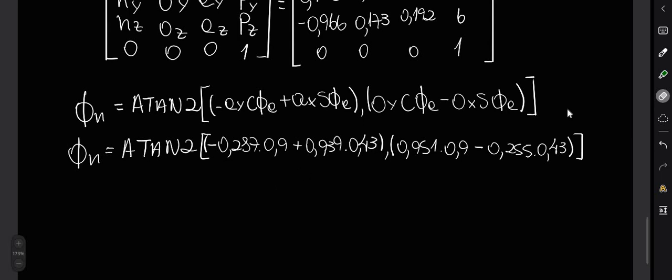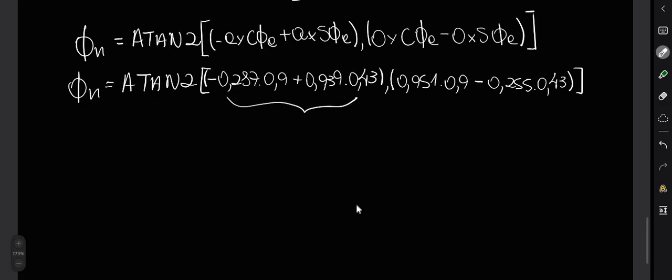Okay, so let's first evaluate this. And this is 0.14547, and I think we can do an approximation and just use 0.15.